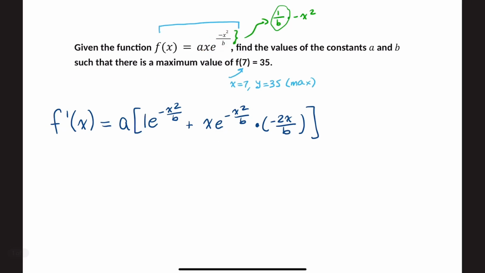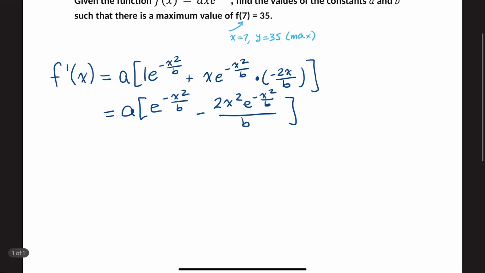I can now go ahead and simplify this. I notice that we have a negative 2x here, and we also have an x here. And so I can simply change this positive to a negative because of this negative here. And by multiplying this 2x and the x together, we're going to get 2x squared. So this is equal to a multiplied by e to the negative x squared over b minus 2x squared multiplied by e to the negative x squared over b, all divided by b.